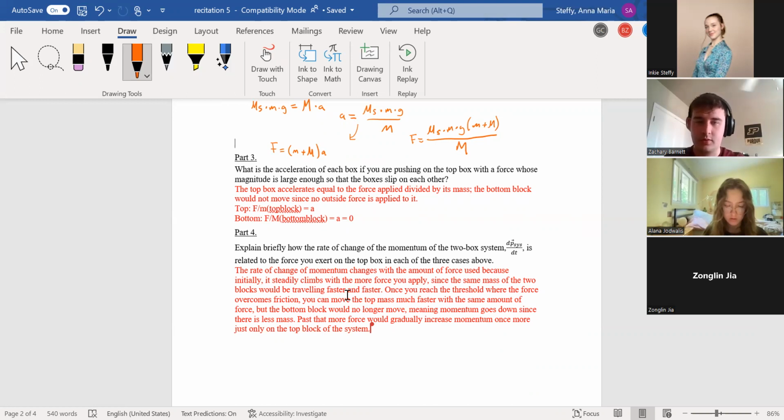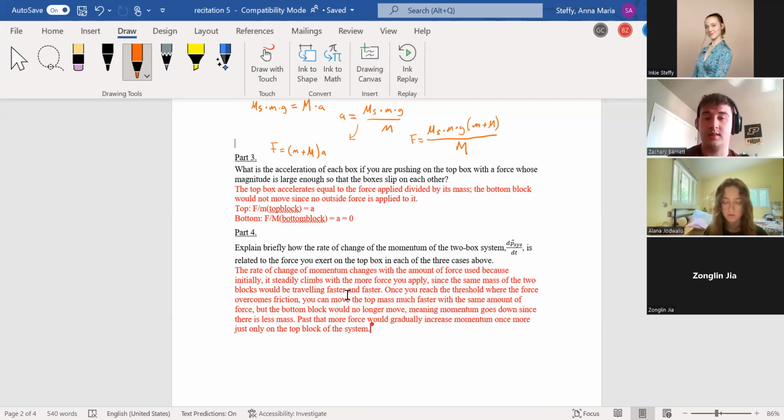And for part 3, I think possibly more work could be done. I'm not sure. But you know, testing what the acceleration of the box is if you're pushing the top box with a force magnitude large enough so the box is slipped. So I said in that situation, if the box is slipped, we know the bottom block is not going to move at all, so the acceleration is going to be 0 because no force is being applied to it.